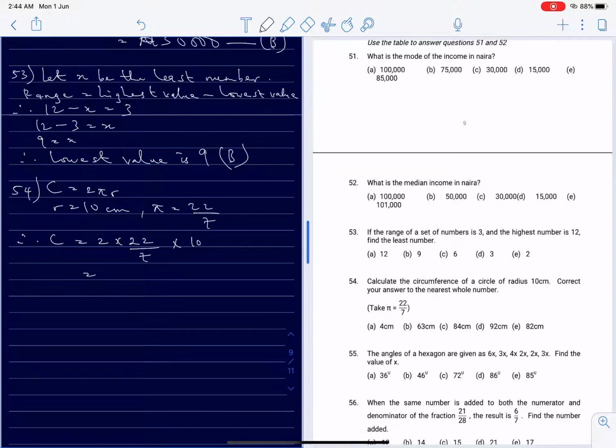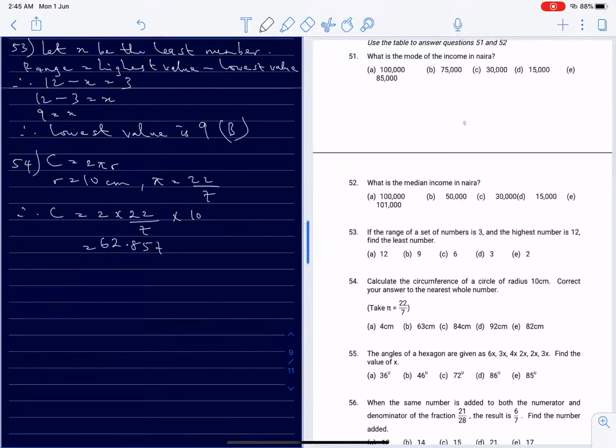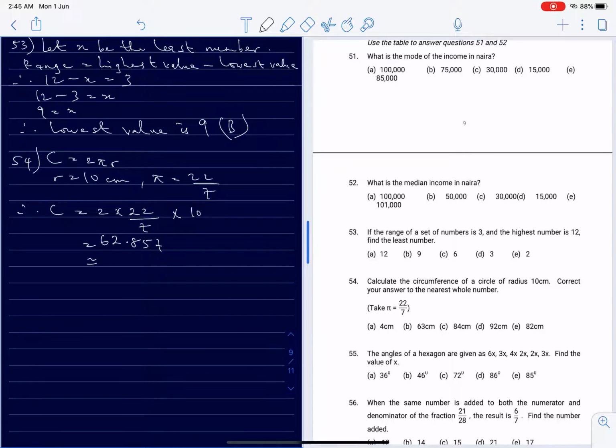And that's going to be 440 divided by 7. The answer is supposed to be correct to the nearest whole number. So this is 62.857, and to the nearest whole number it is 63 centimeters.